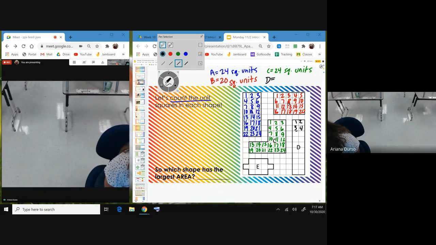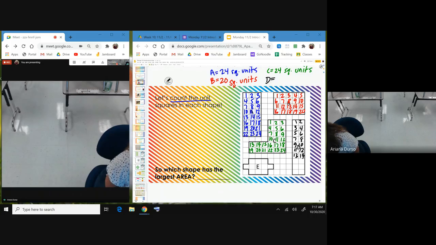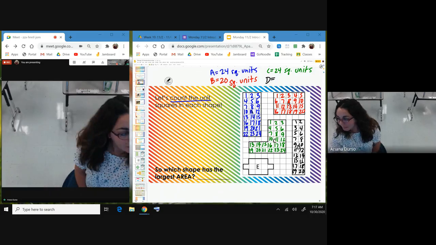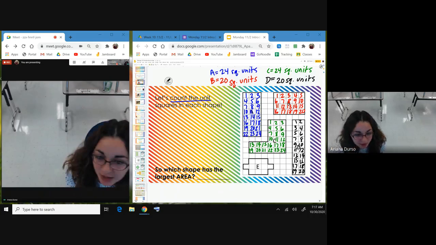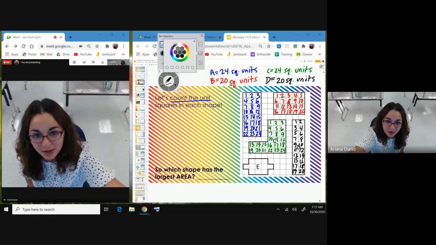1, 2, 3, ... 20 square units. Last one. Define your color.